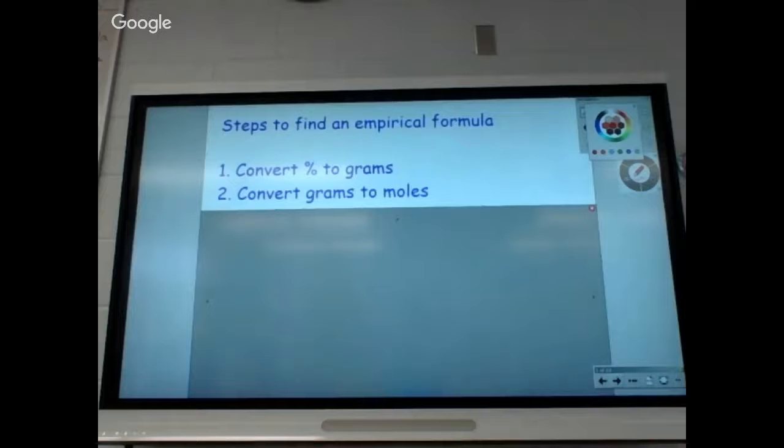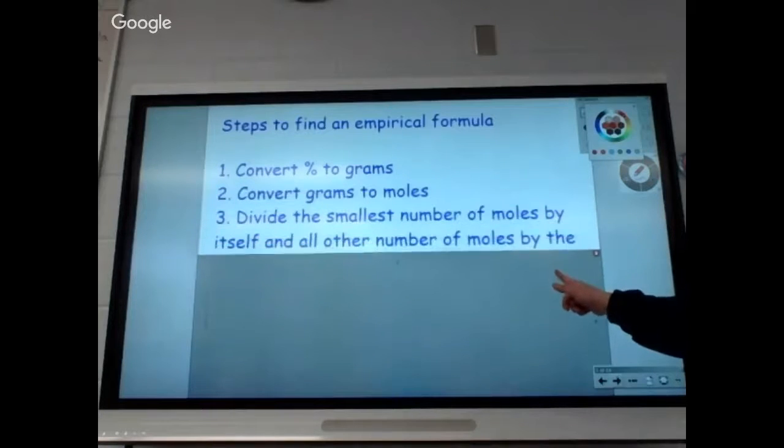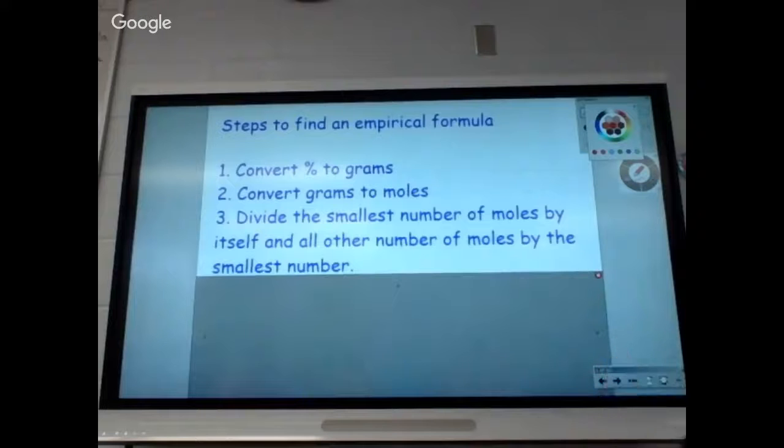Now step 3 is kind of long and it sounds weird, but you know how in math class when you divide the left side of the equation by 3, what do you have to do to the right side? That's all I'm saying here. So if I divide the smallest number of moles by itself, what do I have to do to the other ones? I have to divide them by that same small number. So we're going to divide the smallest number of moles by itself and all the other numbers of moles by the smallest number.